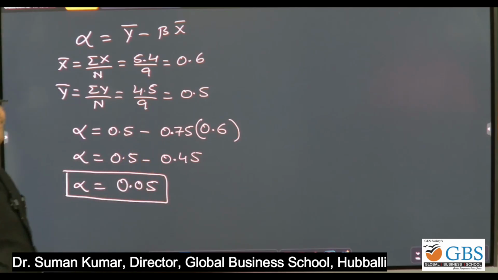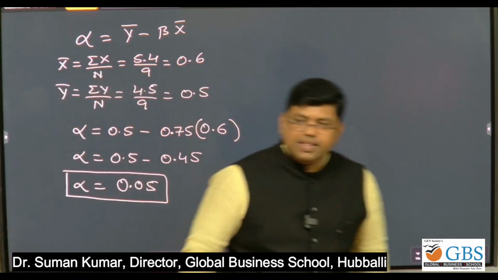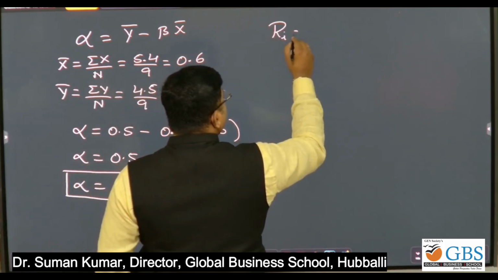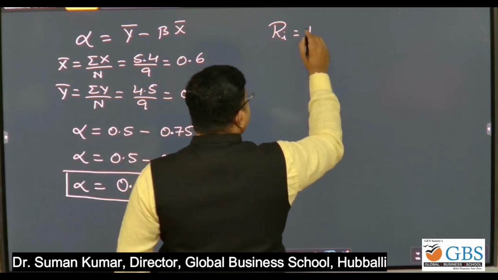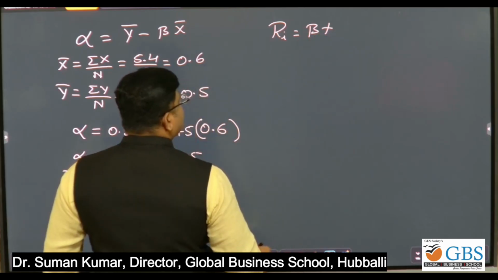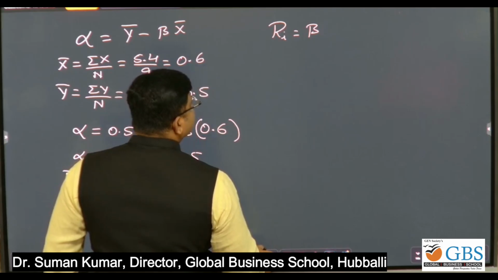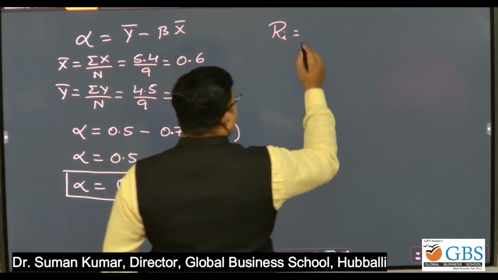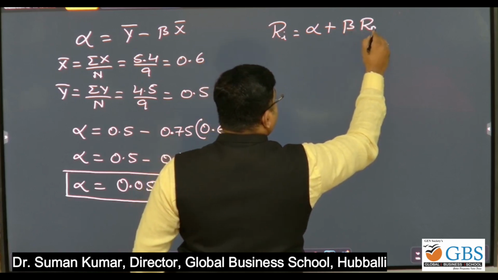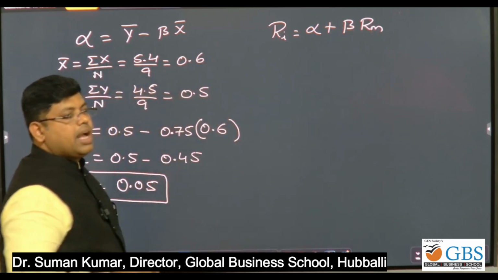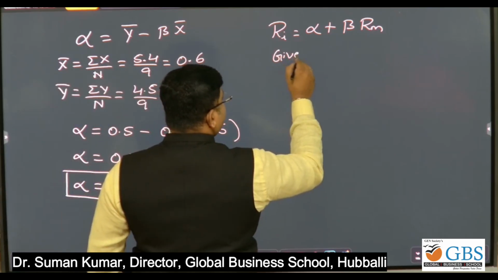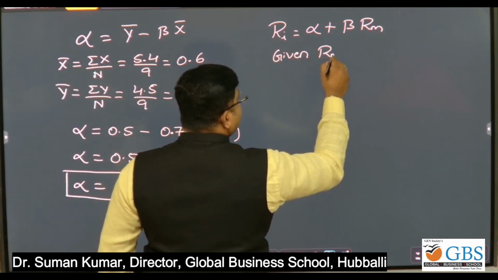After finding alpha, our job is to find the main thing, that is Ri. Ri is equal to alpha plus beta Rm. In the question, Rm is given as 2.